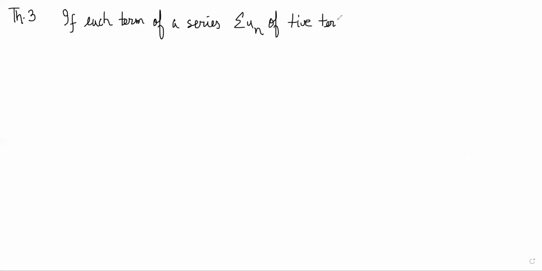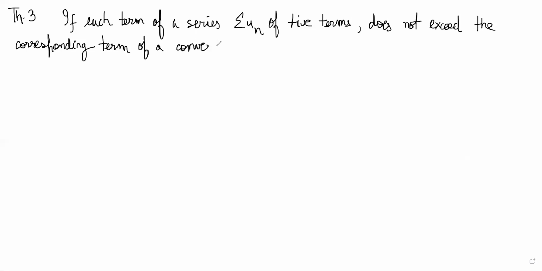Then we have theorem 3, which says if each term of a series un of positive terms does not exceed the corresponding term of a convergent series vn, then un should be convergent.